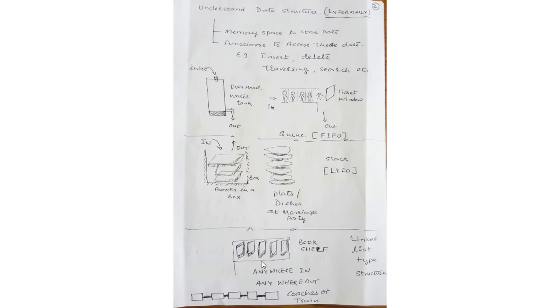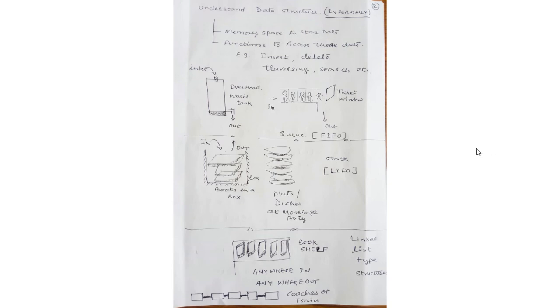I can insert a new item at any place in between them, or in this also I can insert a new coach anywhere in this train. Similarly, I can remove an item from anywhere. So such kinds of structures where it permits you to insert or delete an item from any point are called a linked list type of data structure.